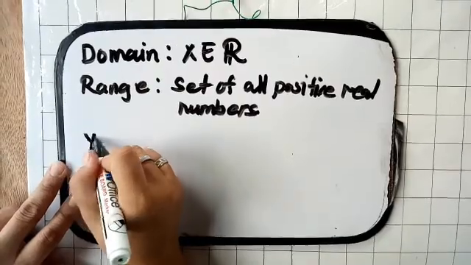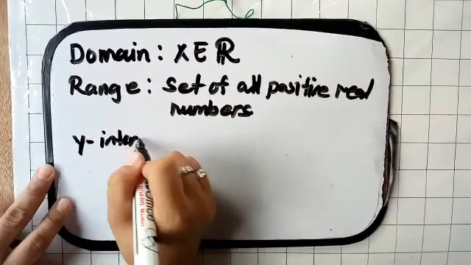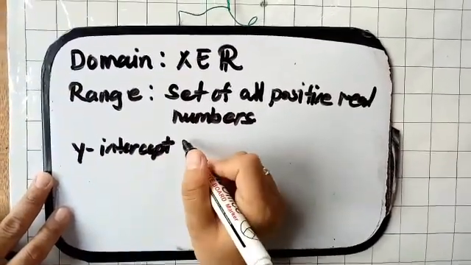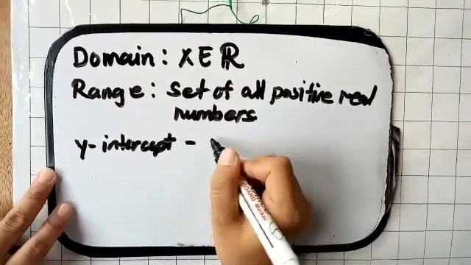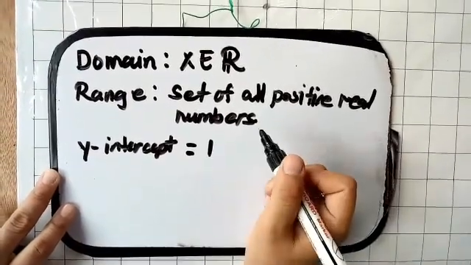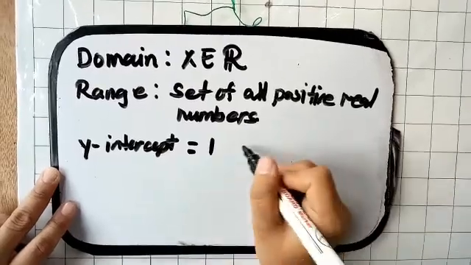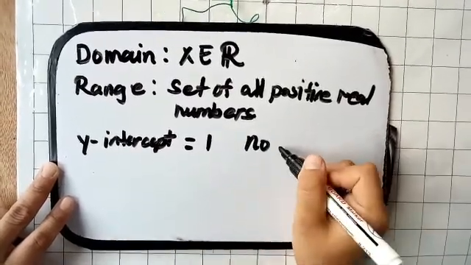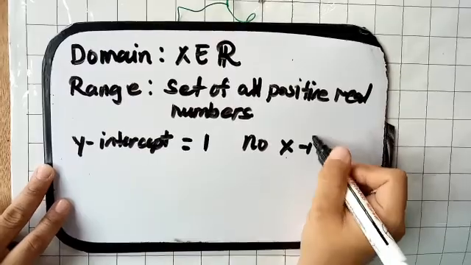For the y-intercept, the answer is 1. Y-intercept is 1, and then there is no x-intercept.